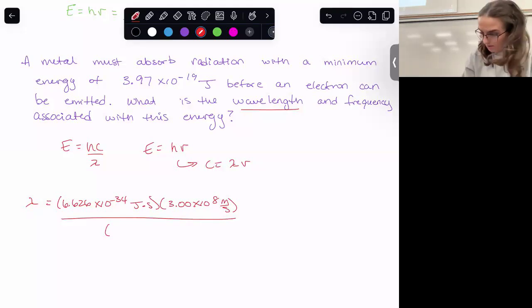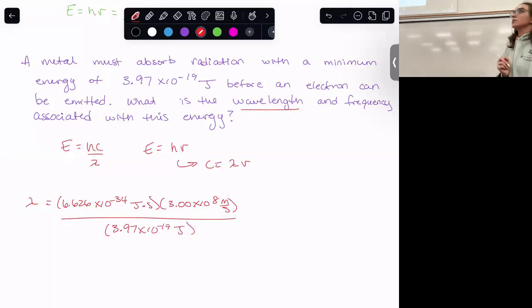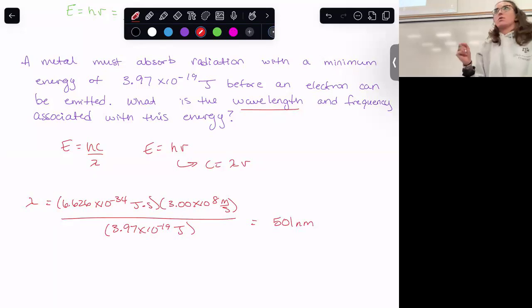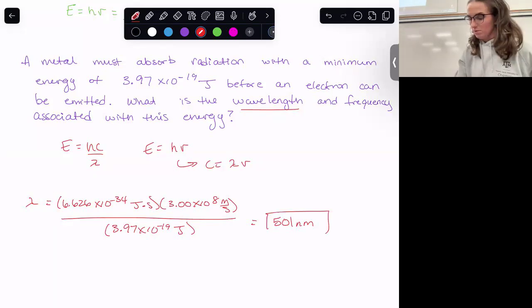We know our energy, so we can solve for this here. And we get 501 nanometers. Again, that relates to the nanometer unit that we're looking for.